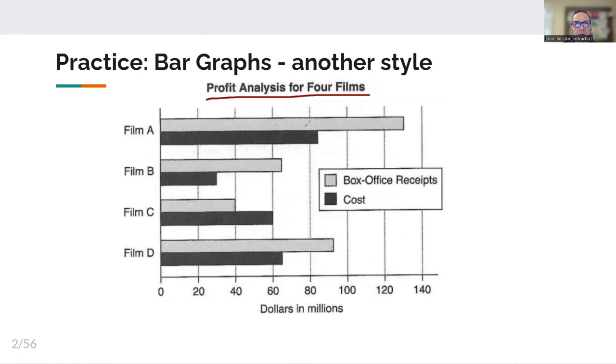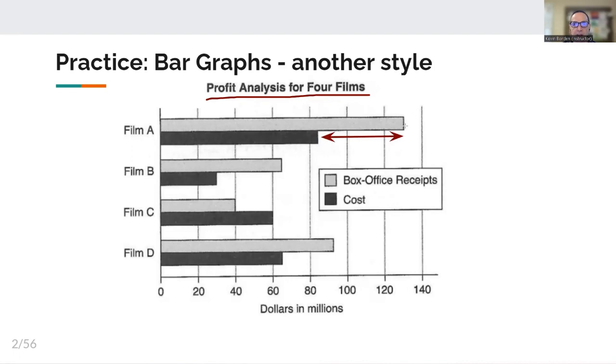And we can see that the two colored bars, one is the cost of making the movie, and the other one is how much they made, how much income they received from the movie. And the reason that it's a profit analysis is the difference between these two is how much they made. So if I were to draw a little arrow here, we could say that this amount is how much they made.